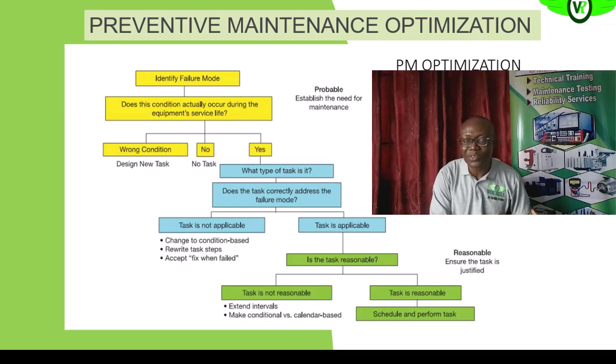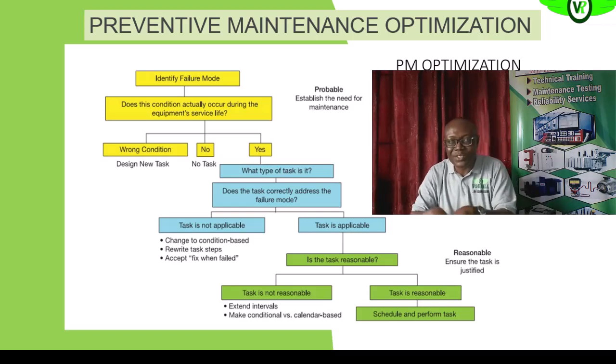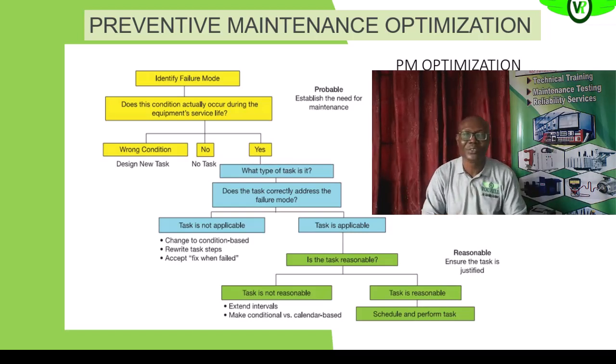Those ones will be removed. Some tasks are too expensive to be deployed. We'll now look for the ones that are less expensive, that will help us to achieve the same result or even better results. That will help us to reduce the maintenance costs.